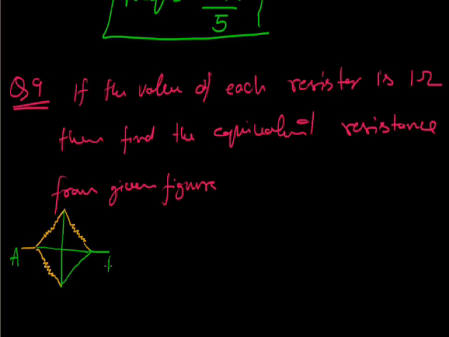This is point A, this is point B, and here another resistance is R, R, R, R and R.